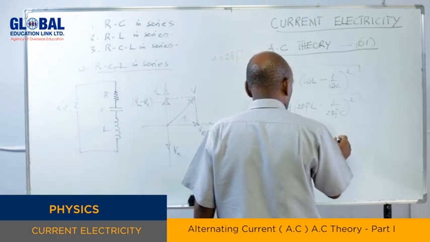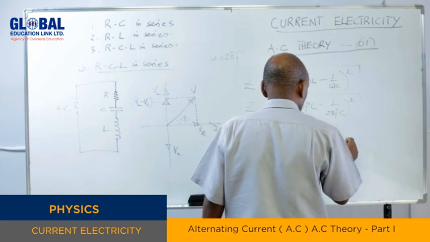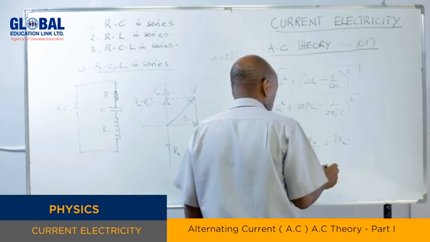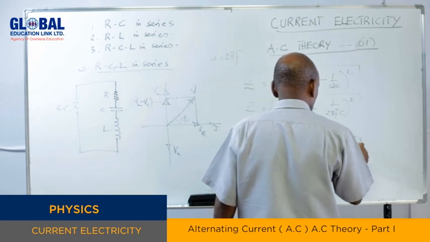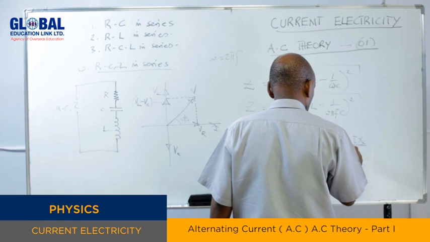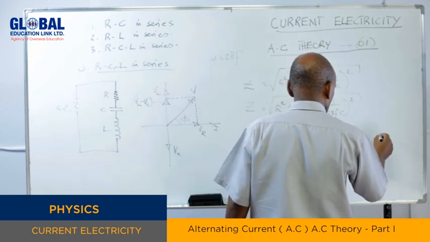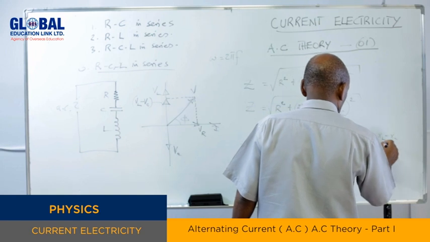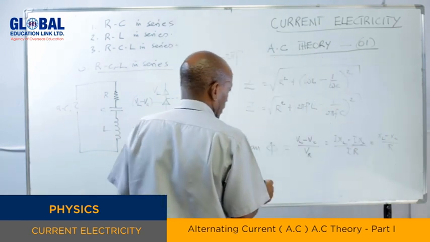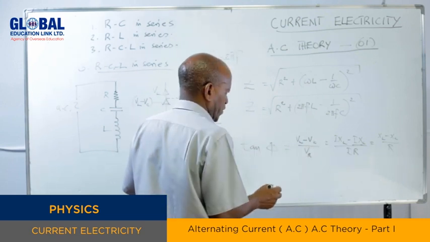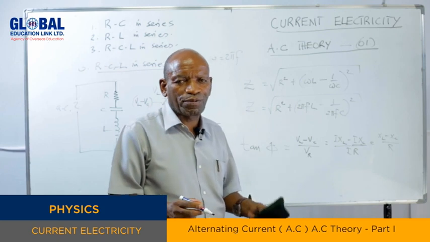The voltage through the inductor is equal to I times the inductive reactance, minus I times the capacitive reactance. The whole of this we divide by R, so we have the inductive reactance minus the capacitive reactance over R, and we can simplify this and obtain the final expression.